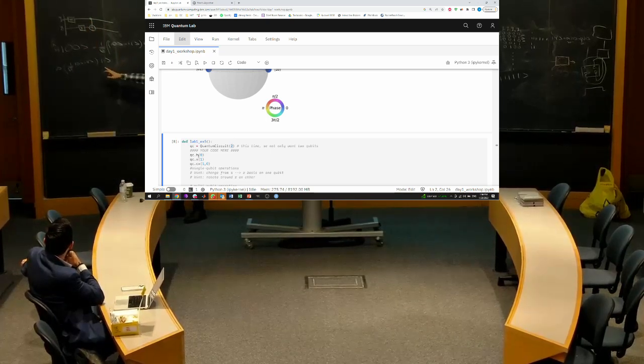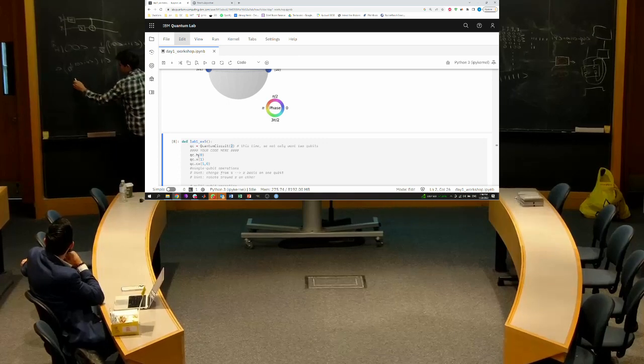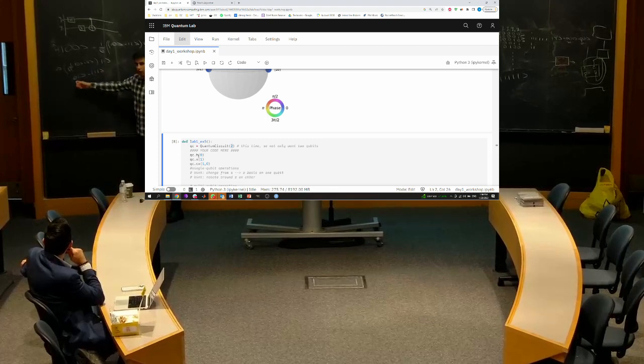Now if we write it clearly, we see that we have 50% of being 0, 1 plus 50% of being 1, 1. So this is almost there. We just need to fix this one, right? If we use the controlled NOT, we ask it, should I do something to the other qubit?